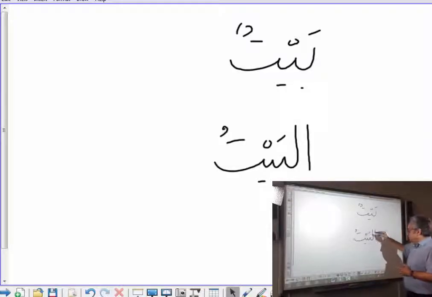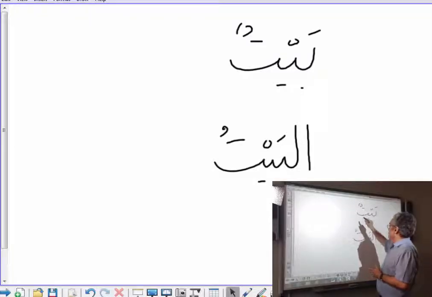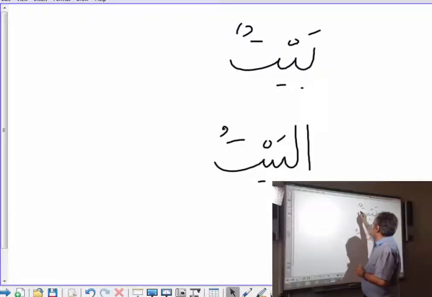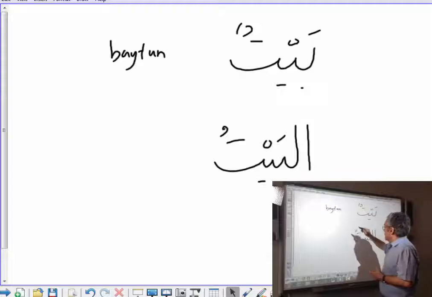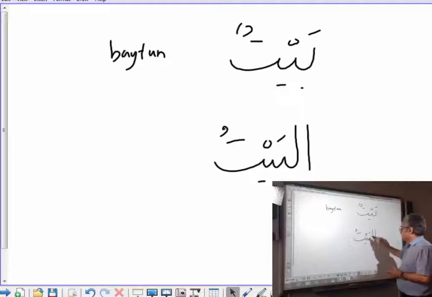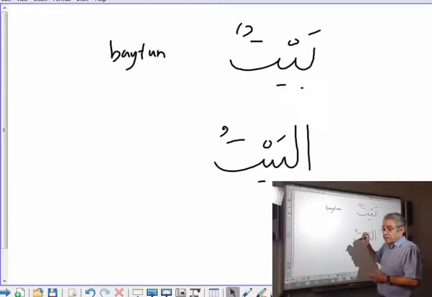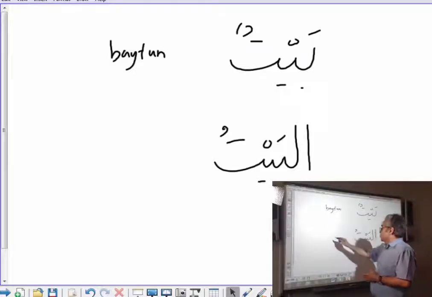So when bayt is definite, I say al-baytu, while baytun, when it is indefinite, takes the tanween al-dham. When I put al, I will never put the tanween al-dham. So here I would say al-baytu.